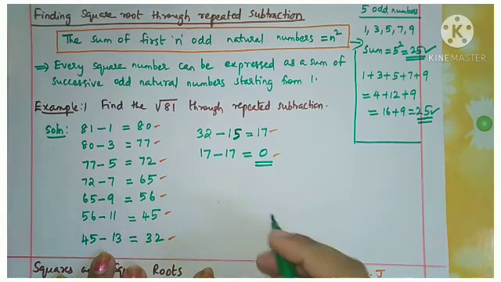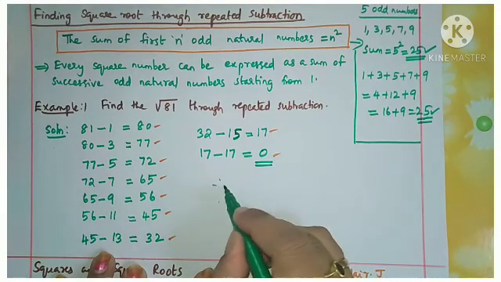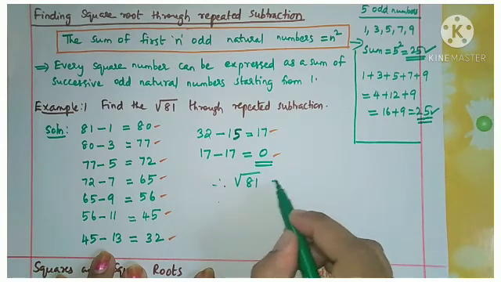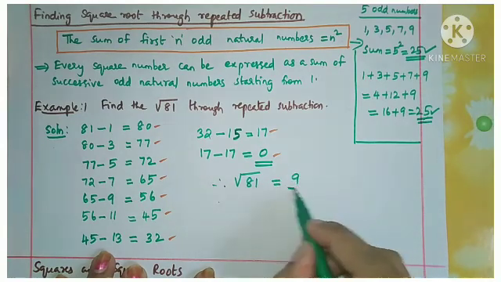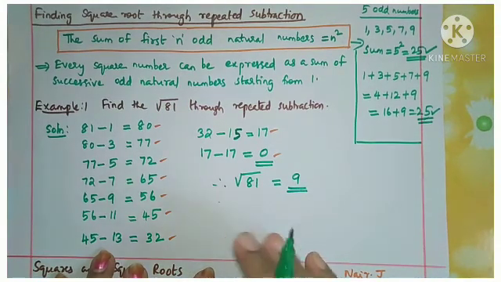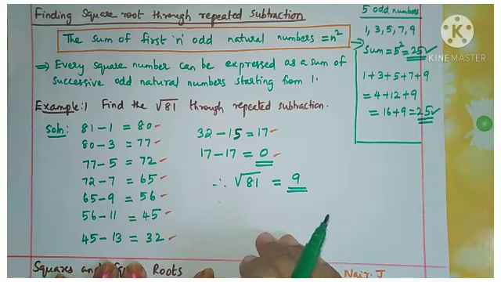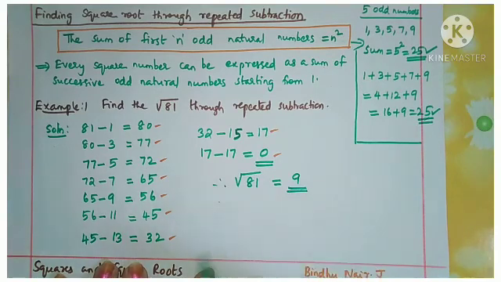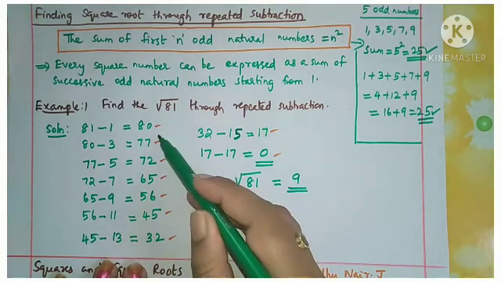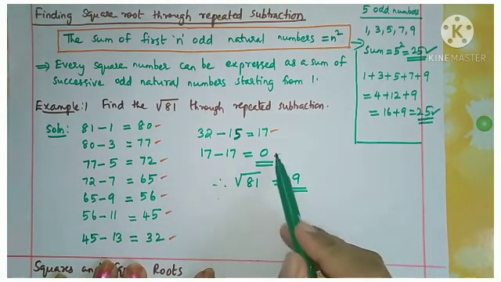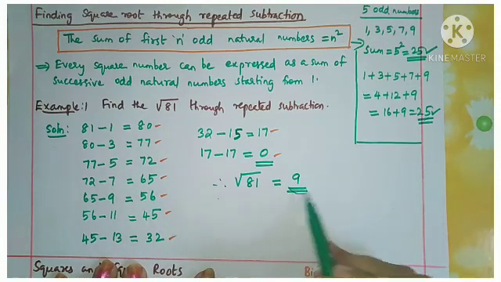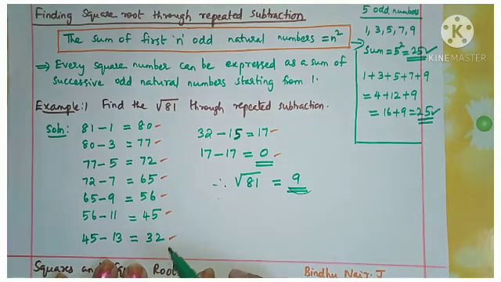Therefore the square root of 81 is equal to 9. Understand? Thus, in this way we do the repeated subtraction by successively subtracting the odd numbers from the answers we get till we reach 0, and the number of steps is the required square root of the given number.